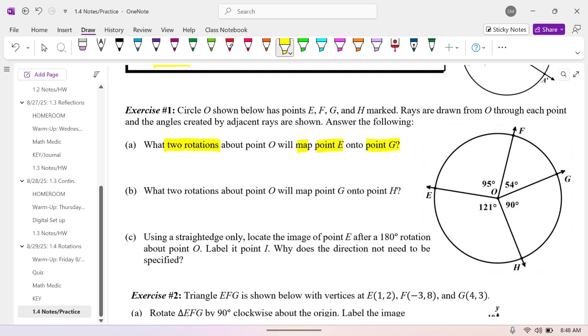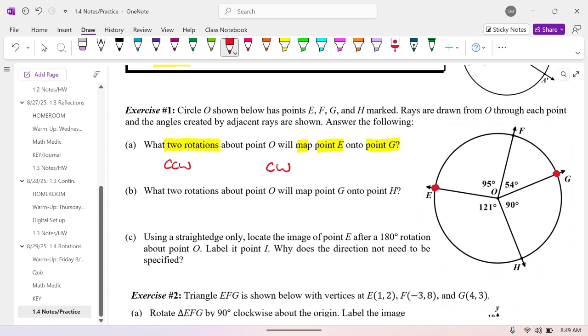So in other words, I'm starting here at point E and I'm going to end here at point G. The two possible ways is just asking, how many degrees would it be if I go counterclockwise, and how many degrees would it be if I go clockwise?